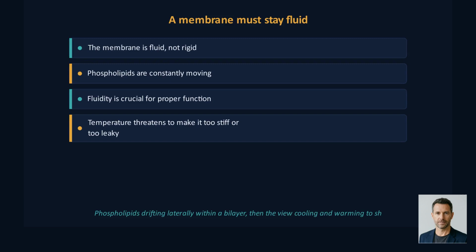But fluidity raises an obvious danger. If the membrane simply got more fluid as things warmed up and stiffer as they cooled, the cell would be at the mercy of temperature. The cell needs a way to steady the membrane across a range of conditions, to keep it fluid enough but never too leaky. Remarkably, it solves this with one extra molecule tucked among the phospholipids.